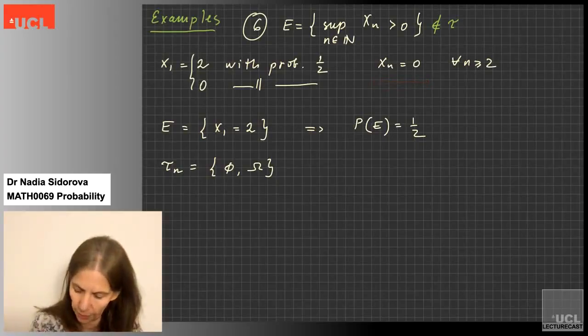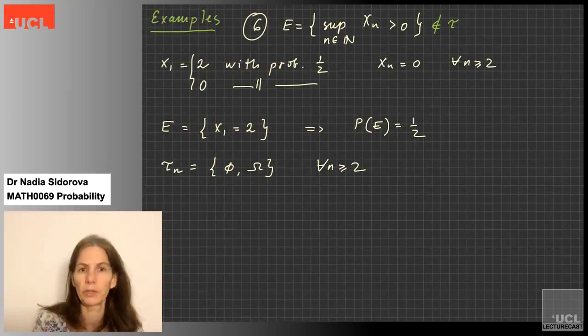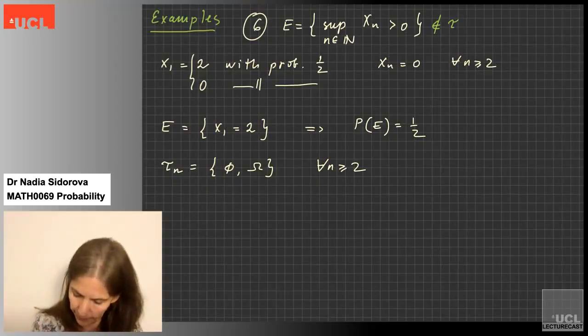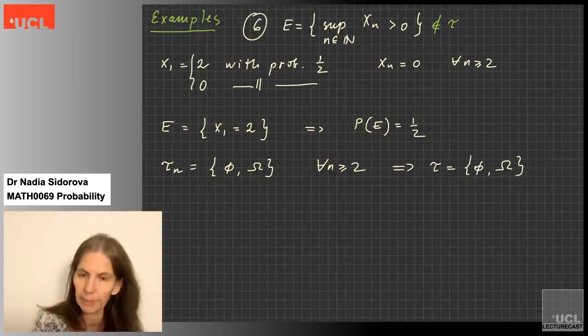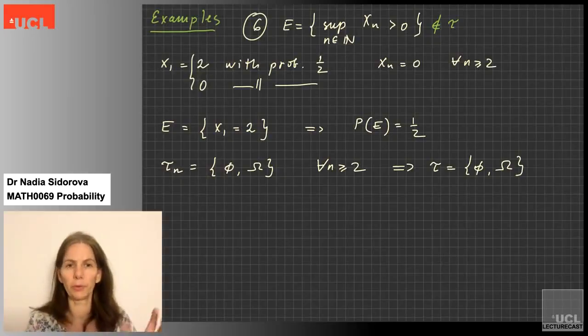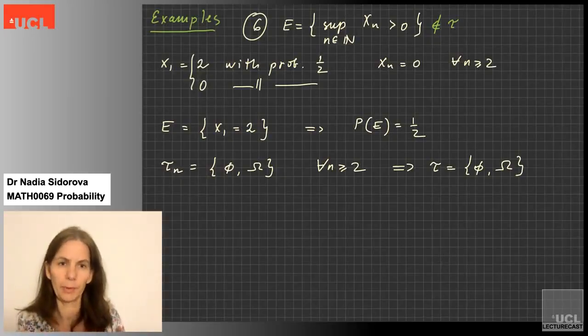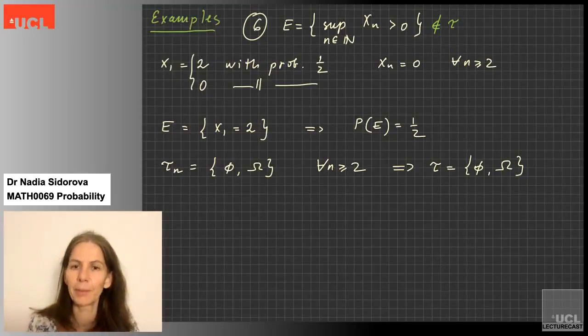And this is for all n greater or equal than 2. So since tau is the intersection of those, tau is also the trivial sigma algebra. So you see, there is no need for me to talk about tau 1, because I'm going to intersect everything with the trivial sigma algebra anyway, and I will end up with the trivial sigma algebra anyway.